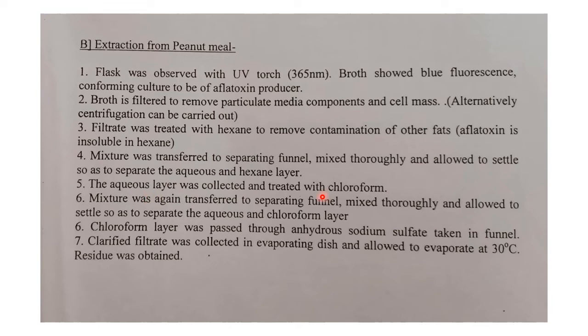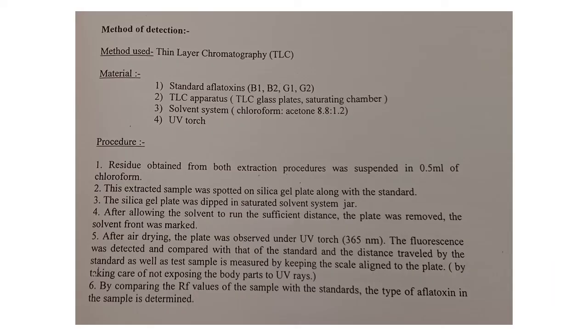Now once you have treated it with chloroform, the mixture was again transferred to a separating funnel, mixed thoroughly and allowed to settle so that it separates in two layers, aqueous and chloroform. The chloroform layer was passed through anhydrous sodium sulfate taken in the funnel, and the clarified filtrate was collected in an evaporating dish and allowed to evaporate at 30 degrees Celsius, and the residue was obtained. So this was about extraction.